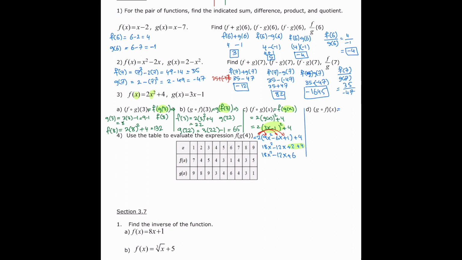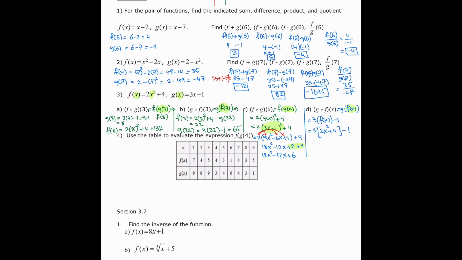Number D, we need to find g of f of x. That means we are going to take each x in g of x and replace it with f of x. So this is going to become 3 times f of x minus 1, which equals 3 times 2x squared plus 4, and then minus 1.